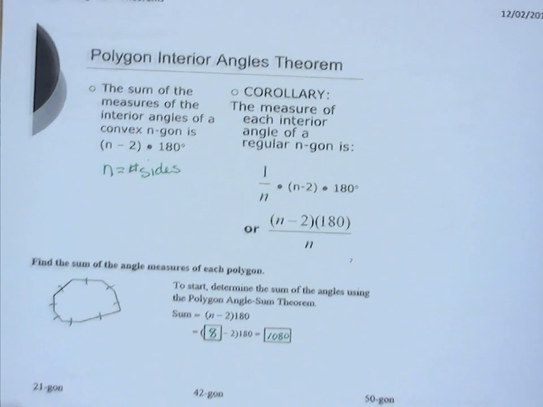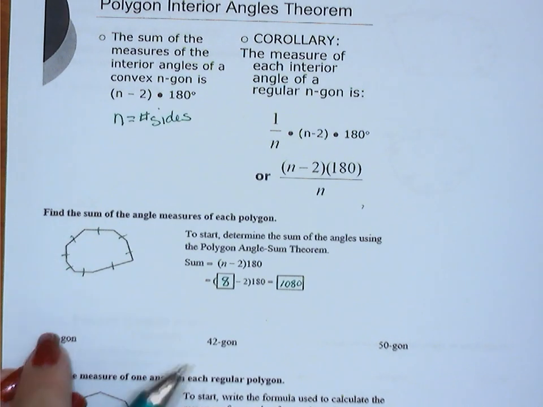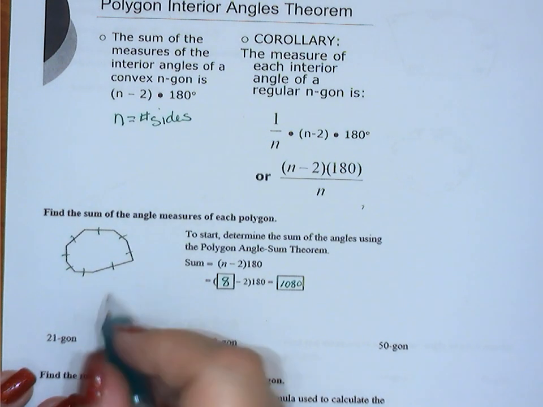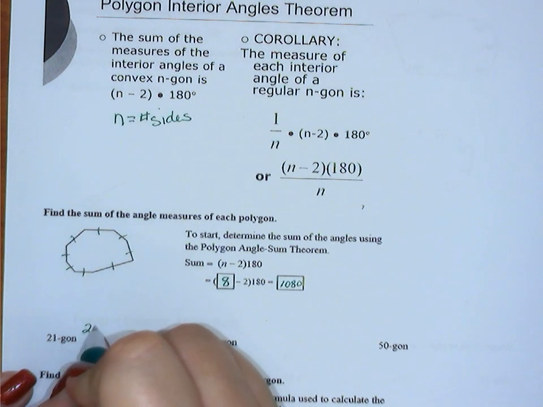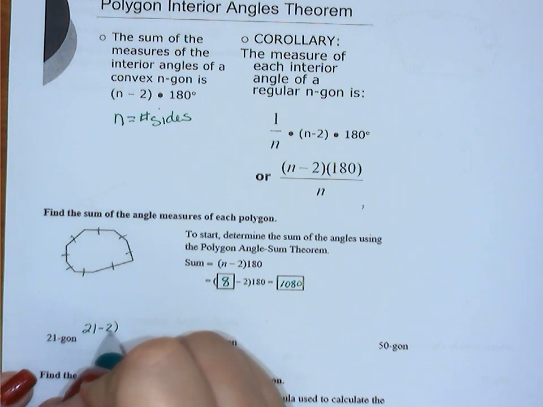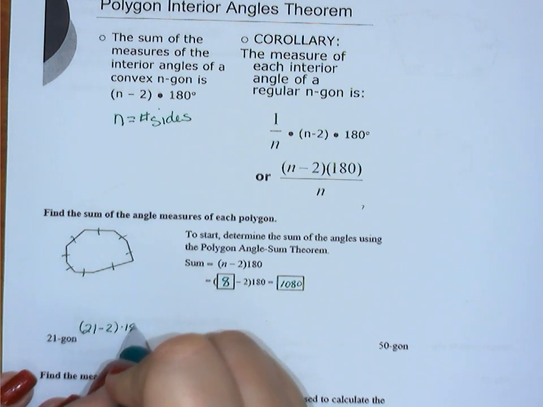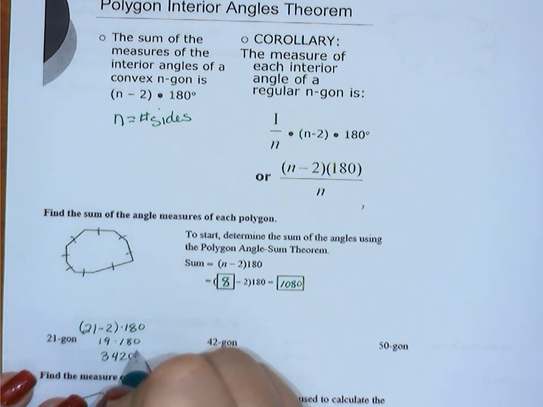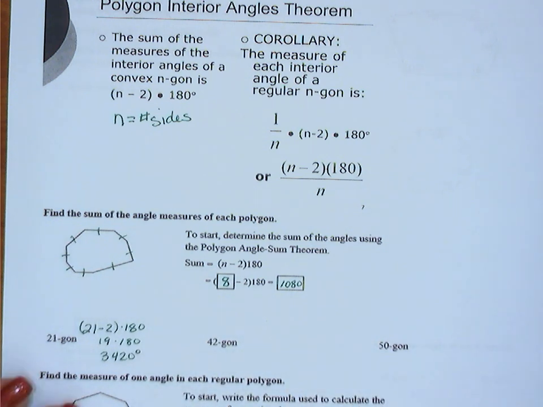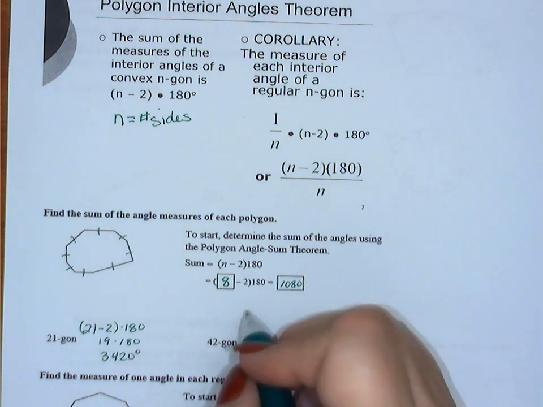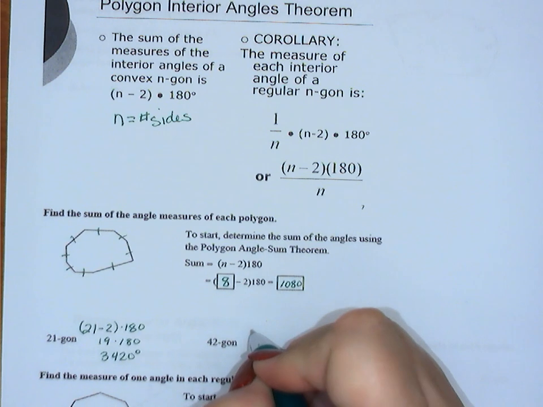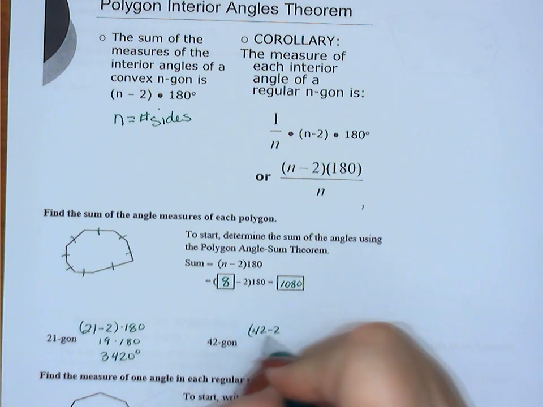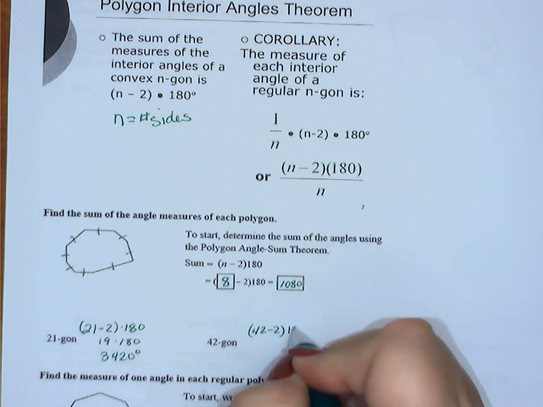Okay, following the same process, if it's 21-sided as opposed to 8-sided, I would do 21 minus 2, and multiply that by 180. That would give me 3,420 degrees for my interior angle sum. If it were 42 sides, then it would be 42 minus 2 times the 180.